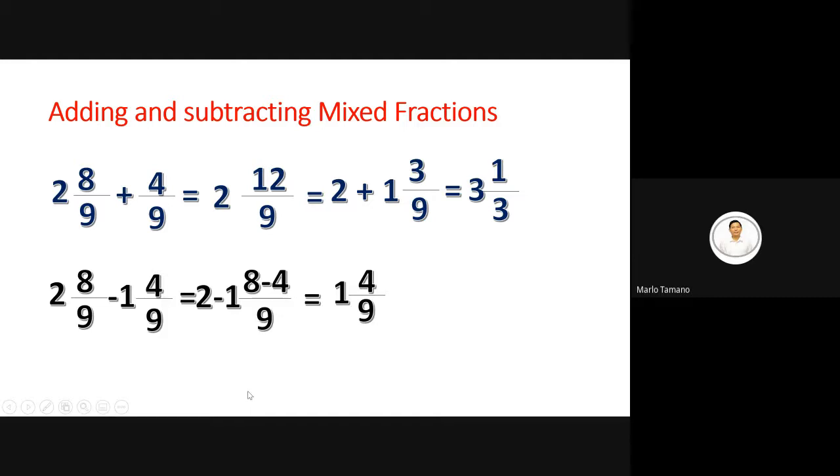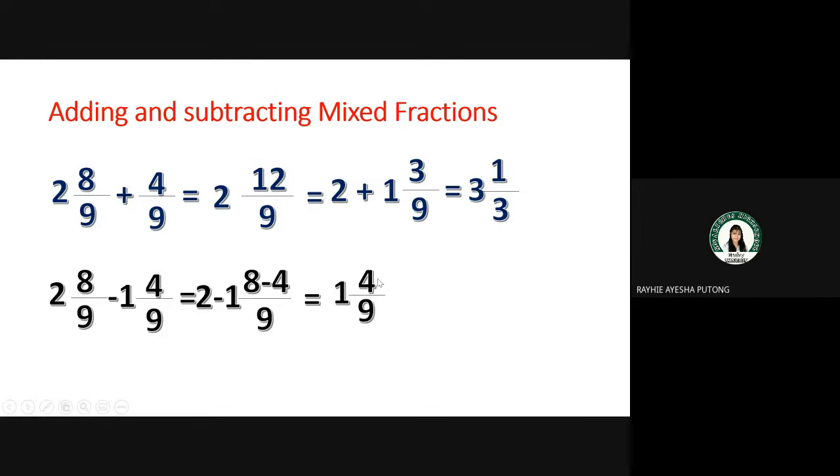Dito naman sa subtraction po. So, given 2 and 8 over 9 minus 1 and 4 over 9. Okay, yung mga whole number po natin, 2 minus 1 is 1. And 8 minus 4 is 4.